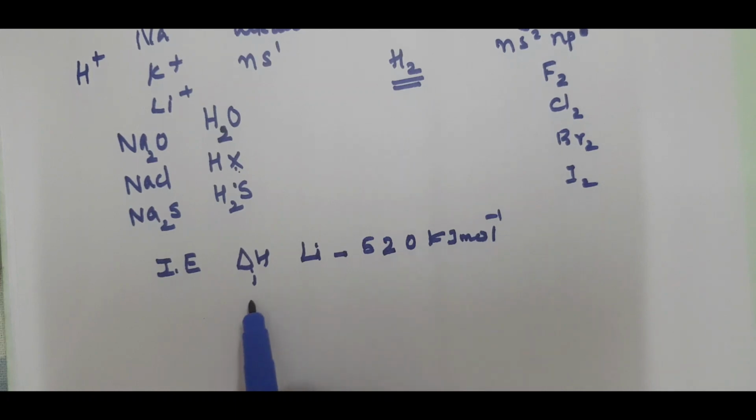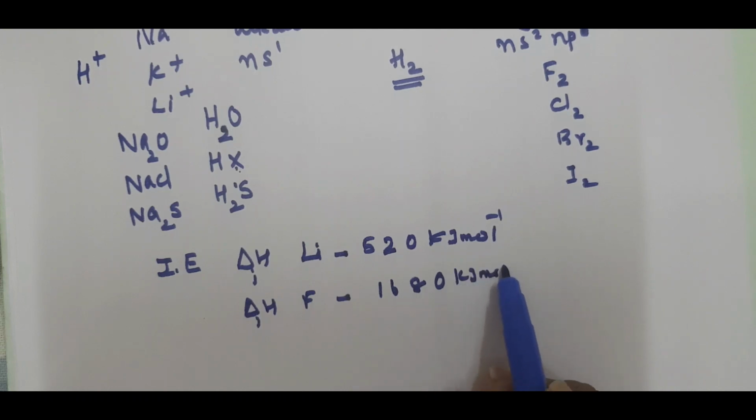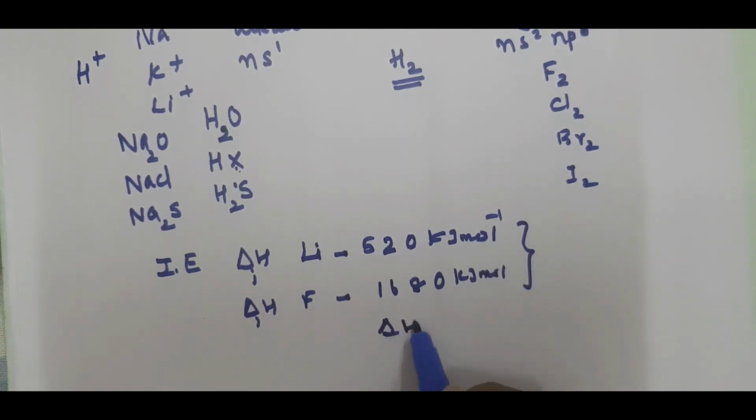And the ionization enthalpy of a halogen, if you take a particular example like fluorine, comes to be around 1680 kilojoule per mole.